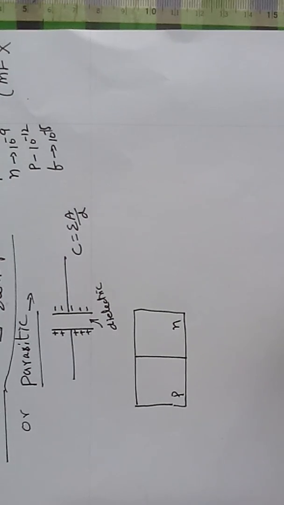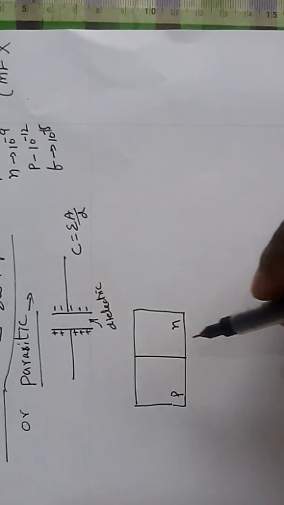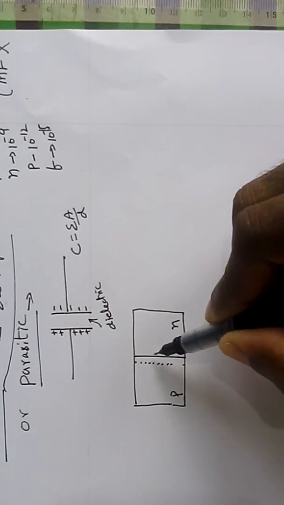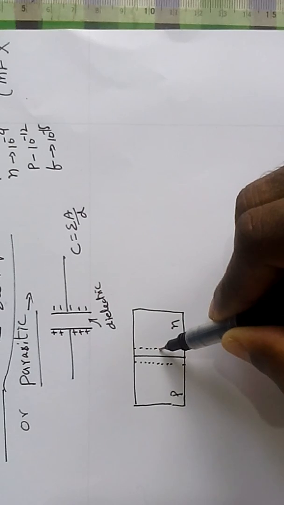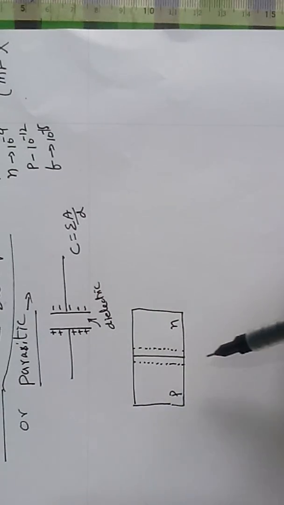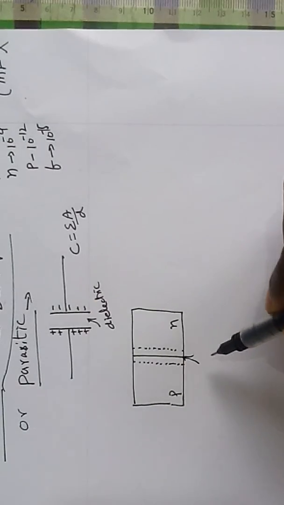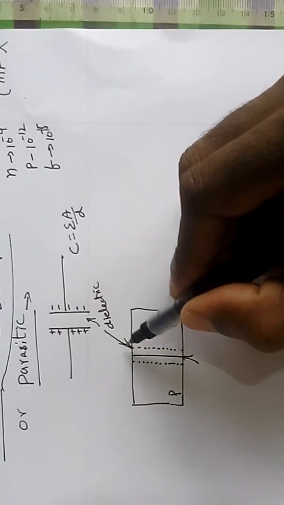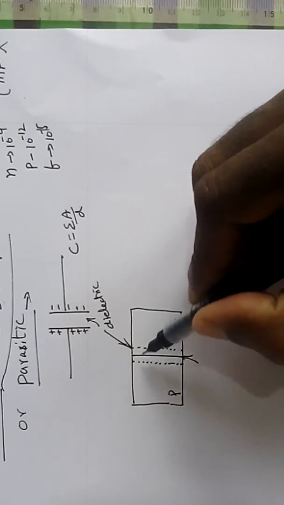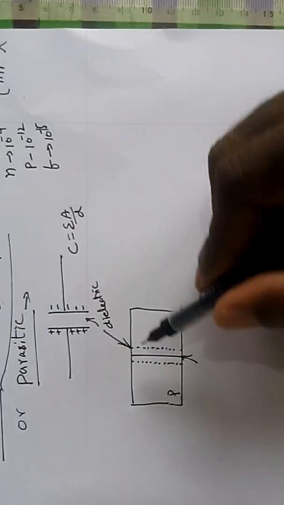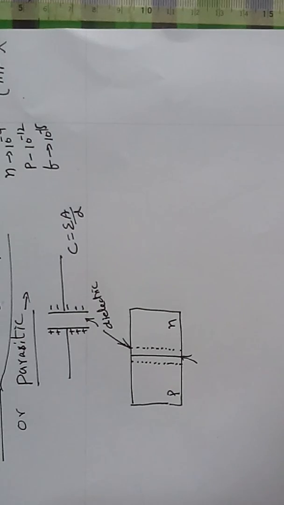Whenever we join P-type and N-type, we know that a barrier is formed. This barrier eventually prevents the moving charges from crossing this junction. This barrier acts like a dielectric medium which opposes the flow of electrons from n type to p type and the holes from p type to n type.